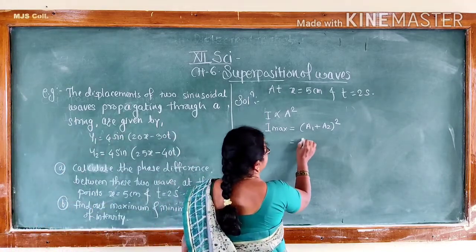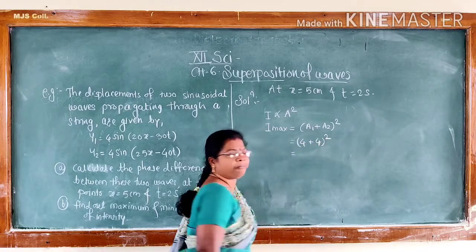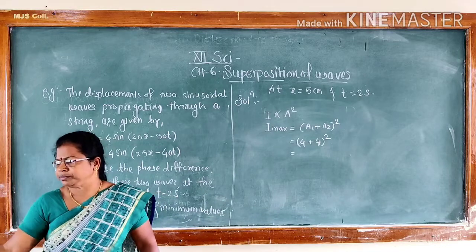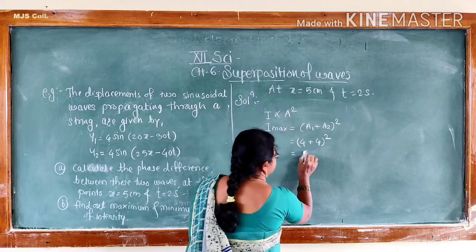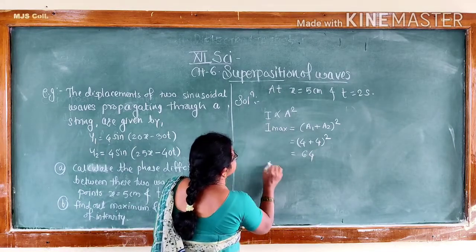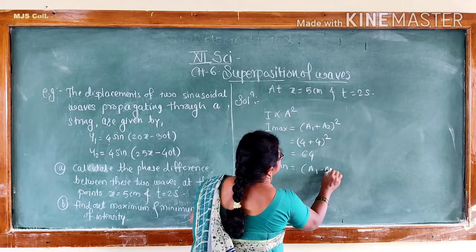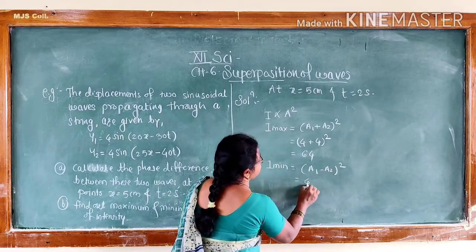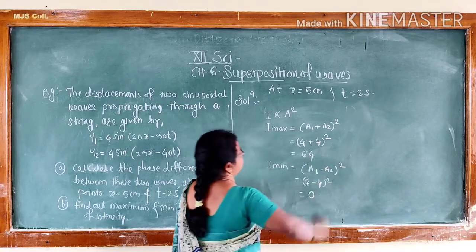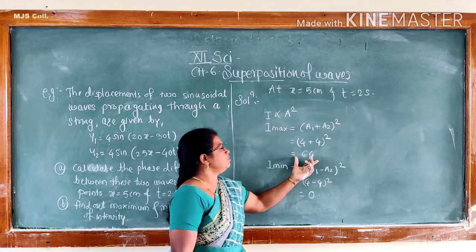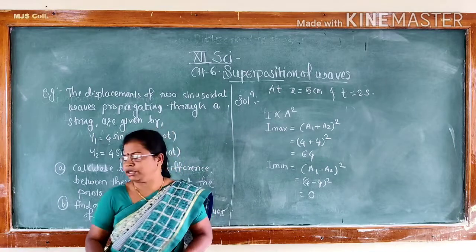Therefore, it is equal to 4 plus 4 bracket square, that is 8 squared, which is 64. And intensity minimum is equal to A1 minus A2 bracket square, that means 4 minus 4 bracket square, which is equal to 0.